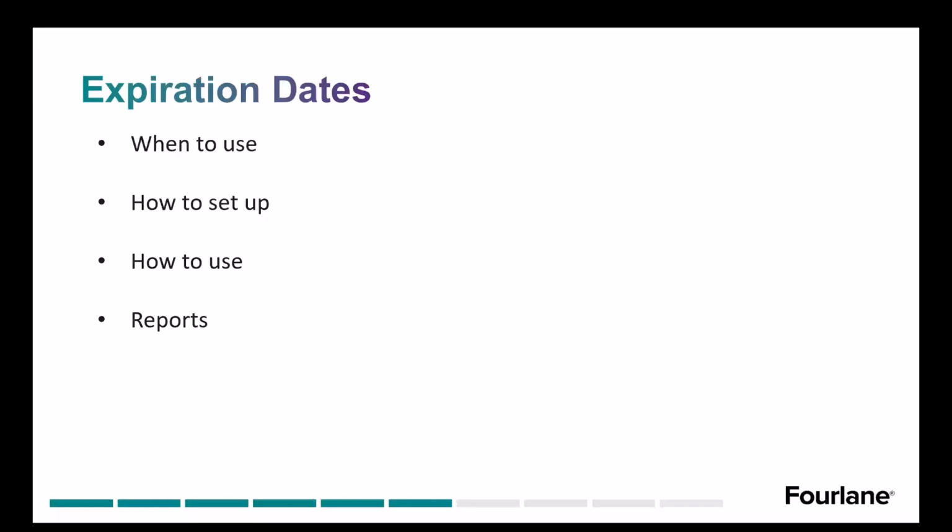So the first thing, when can we use expiration dates? Right, so expiration dates is going to be attached to inventory items that, of course, have some sort of shelf life. Okay, so now the first thing that a lot of people think of when they think about expiration dates is food, right? You have food products, you have your refrigerator. Whoever goes through that door sees those expiration dates and removes it from your fridge, right?